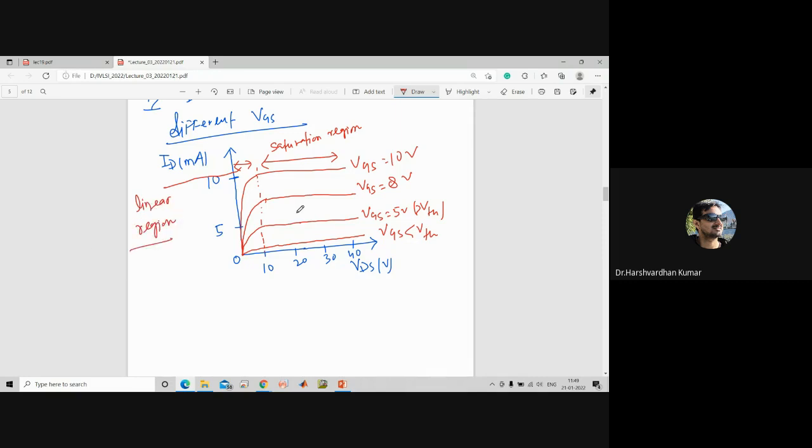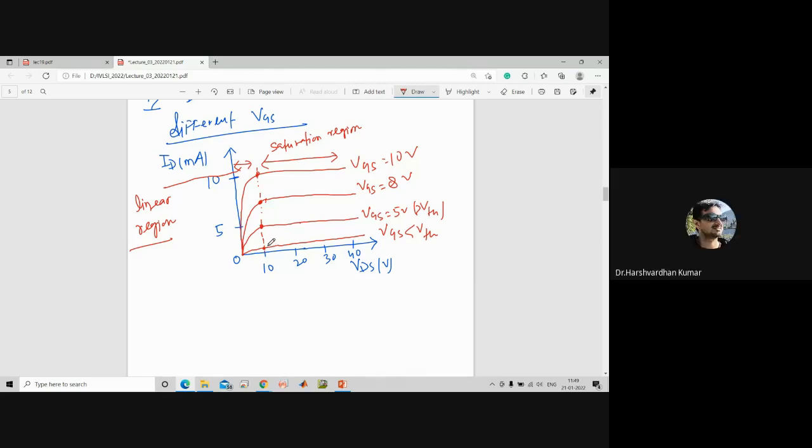Right? Any doubt here? The voltage at this particular point will be the pinch off voltage, right?